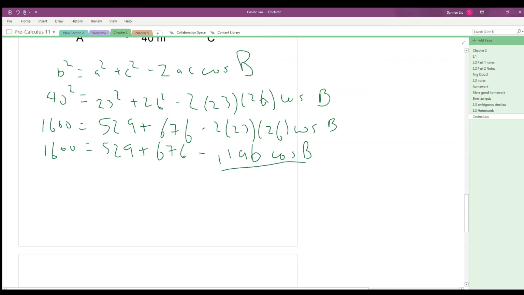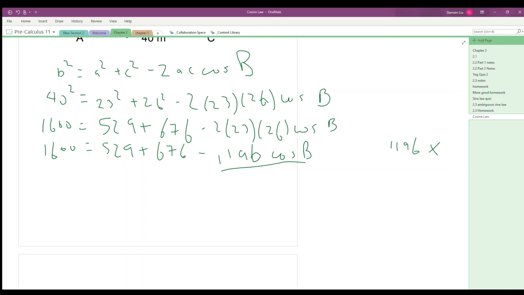That means we have a value 1196 times cos B. Compare it with 1196 times x. To get cos B, I cannot do 529 plus 676, take away 1196. I cannot do that calculation because the 1196 is the number times cos B.